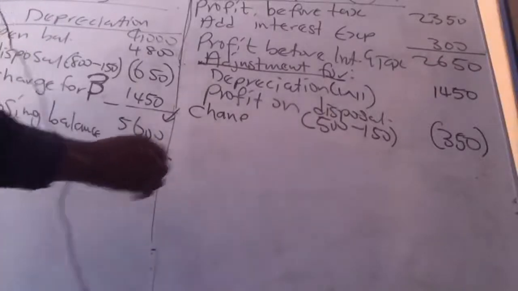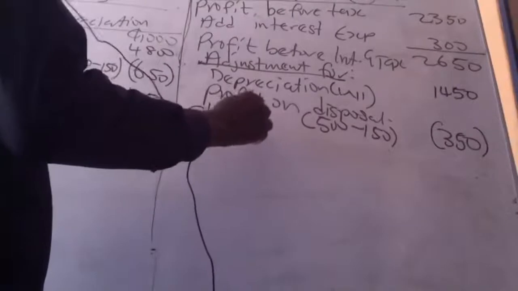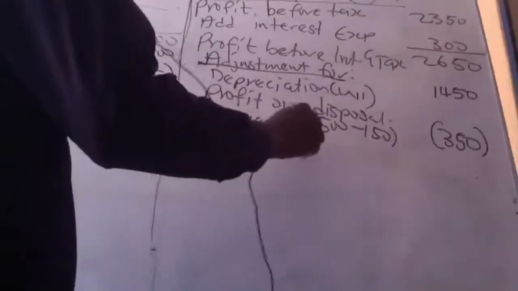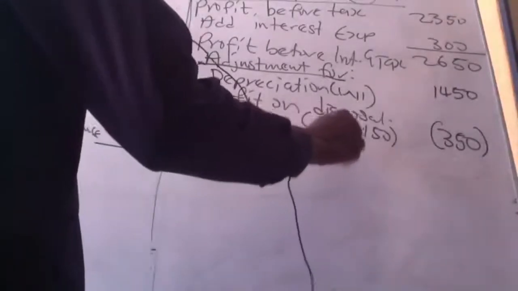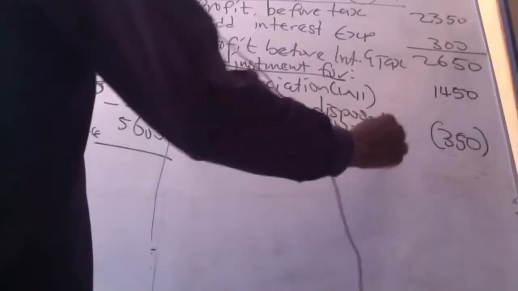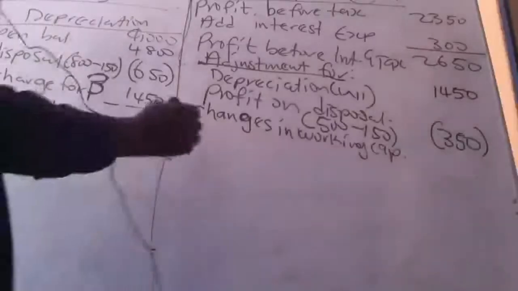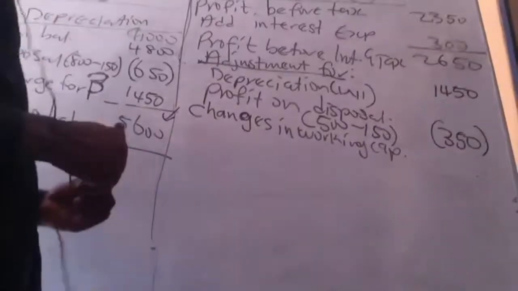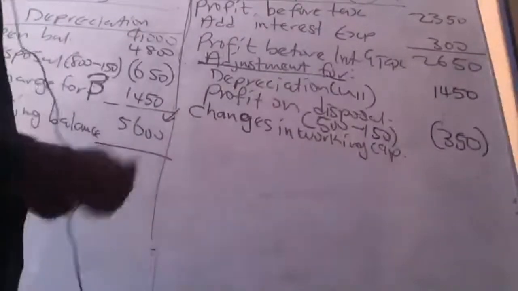Changes in working capital. Now, there are 3 working capital items. Look out for their changes. That's all. You are done. Inventory.